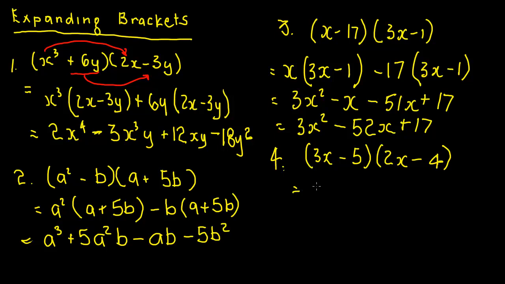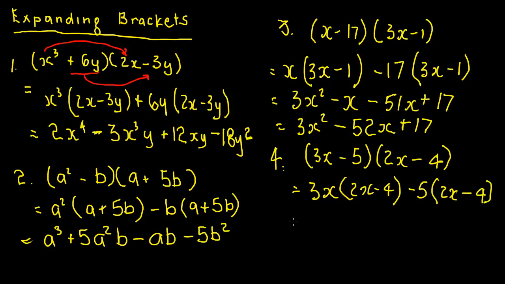Okay, so again to do this one, it's 3x times 2x minus 4, minus 5 times 2x minus 4.